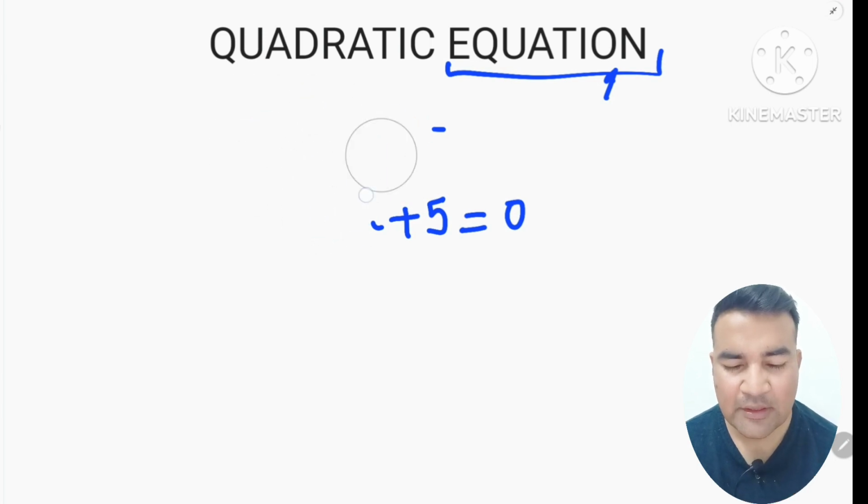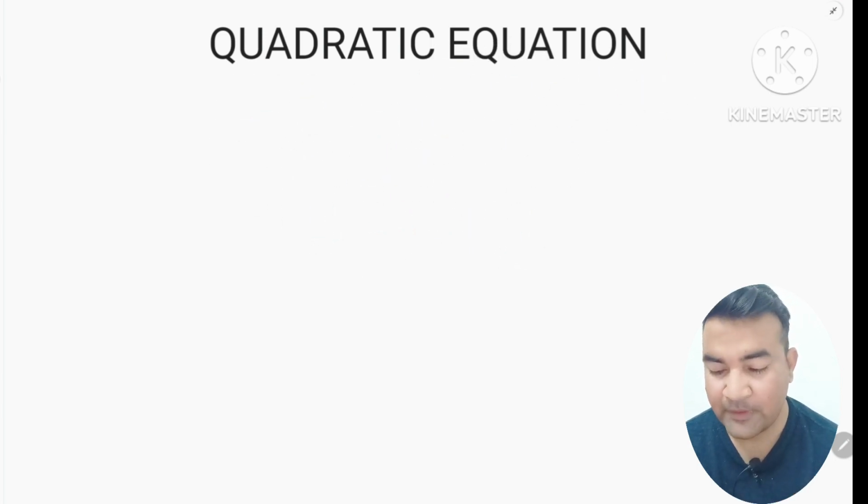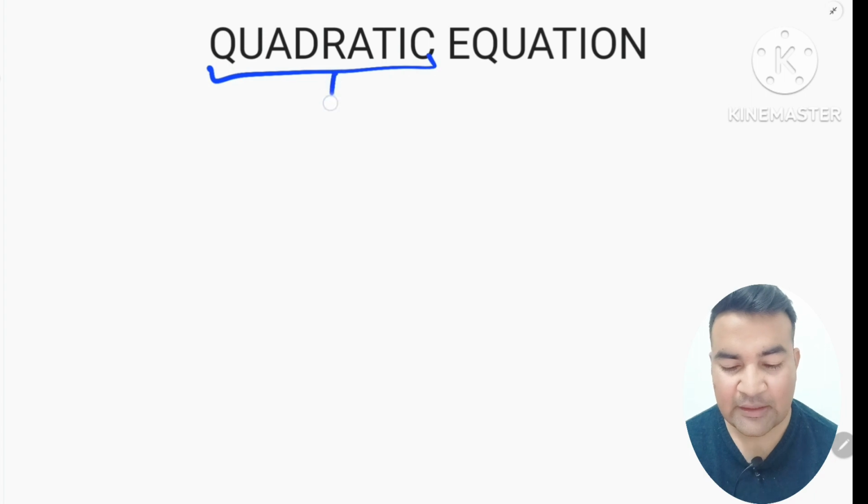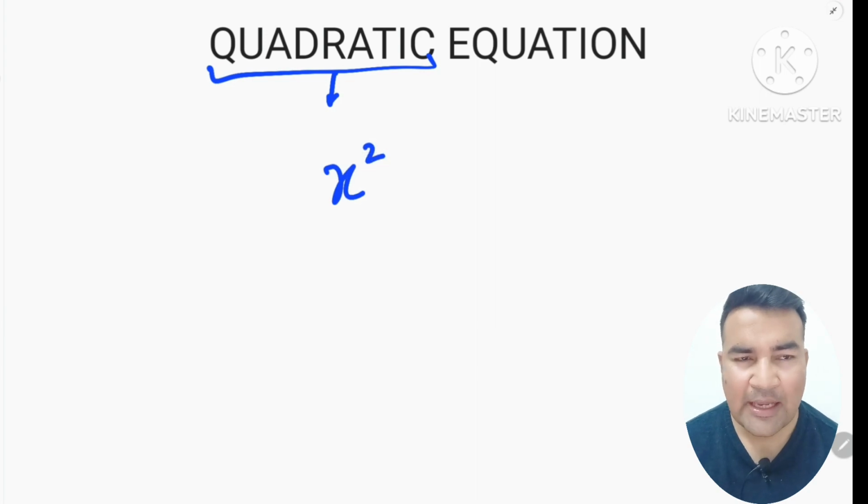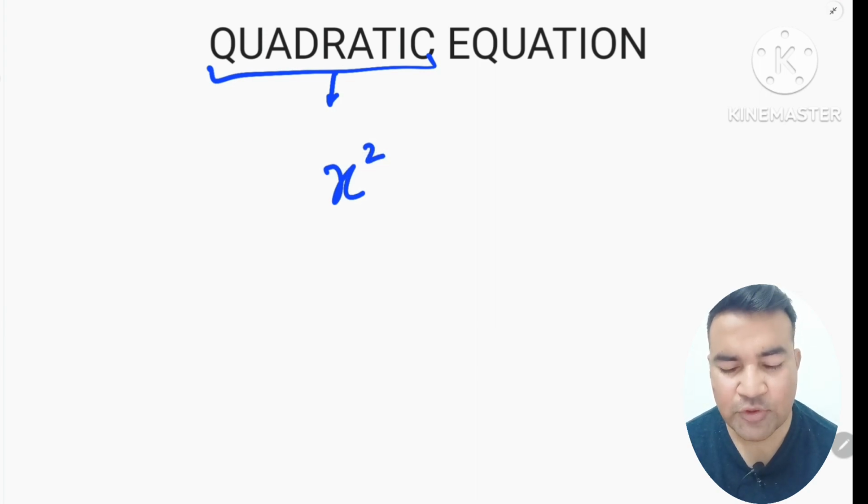Now let's understand the meaning of quadratic. Quadratic is basically, as you have already done in your previous classes, the variable having the degree 2. So whenever there is an equation in which the highest degree is 2, then that equation is called a quadratic equation.